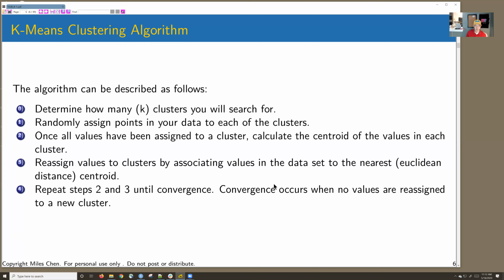Then you repeat steps 2 and 3: calculate the centroid, then reassign the values by associating each to the nearest centroid. Keep doing steps 2 and 3 until you reach convergence. Convergence occurs when no values get reassigned.